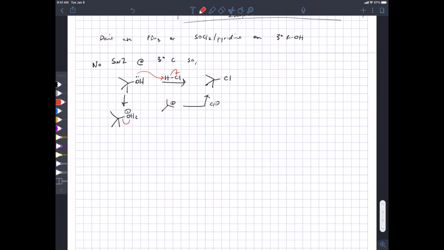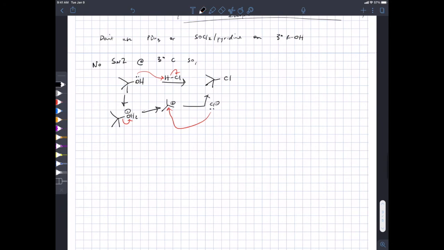Then you would wait till the leaving group leaves to give you the carbocation. Then the chloride conjugate base from HCl could attack the carbocation to give you the alkyl chloride. All right. Others?